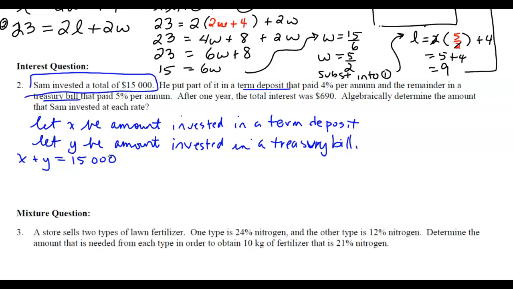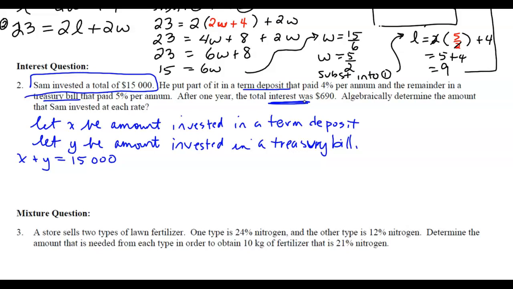So that's one equation. Then it said he put part of it in a term deposit. So what he put in his term deposit is X, and it paid 4% per annum. Then Y would go in for the 5%, and the total interest was 690. How do you calculate interest? Back to junior high. If you deposit $100 into an account that earns 4% interest per year, how much interest will you earn? $4.